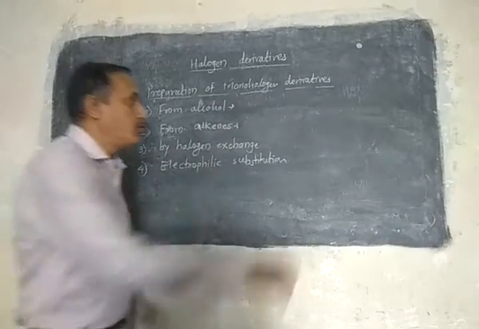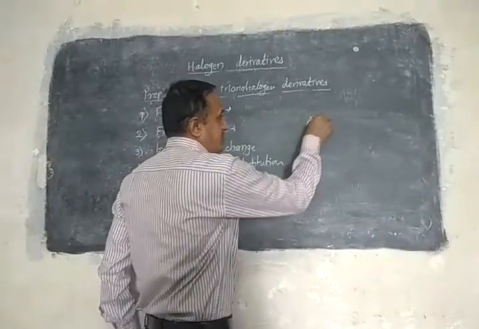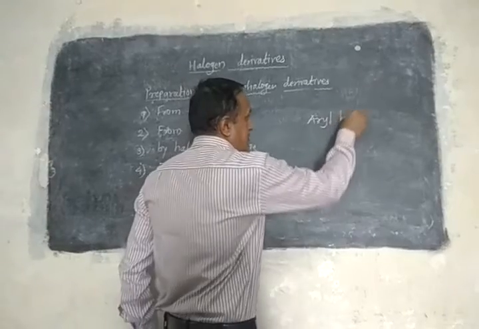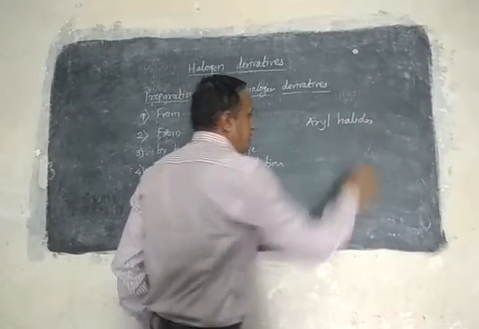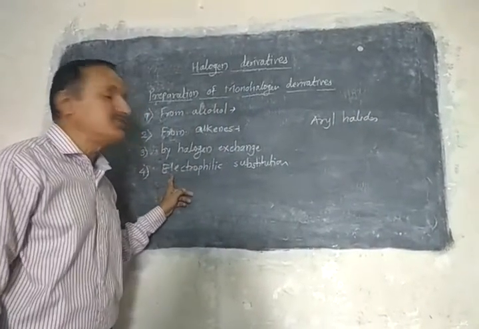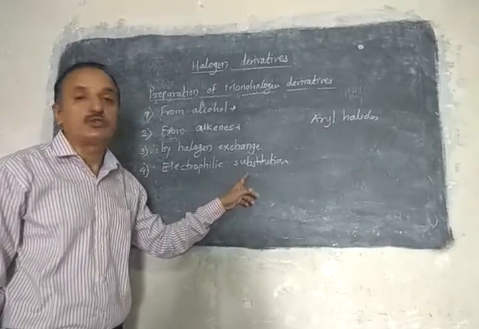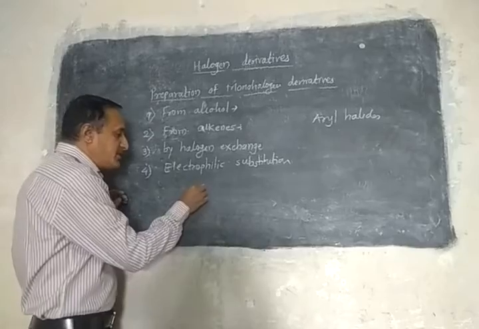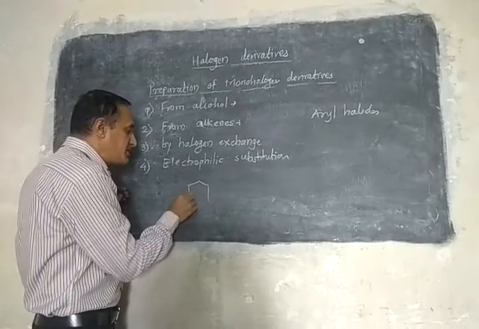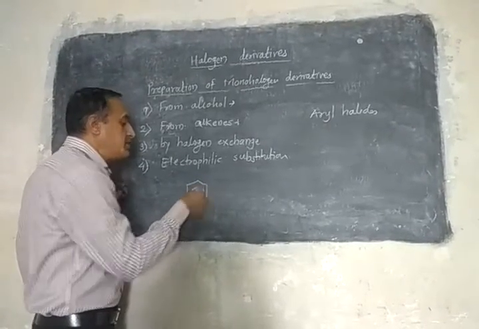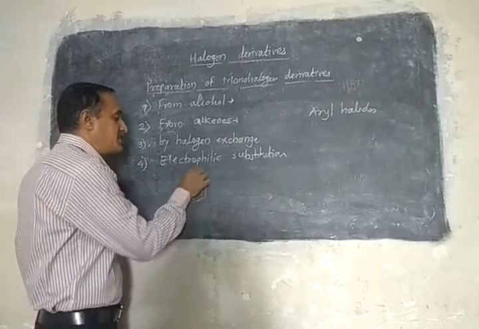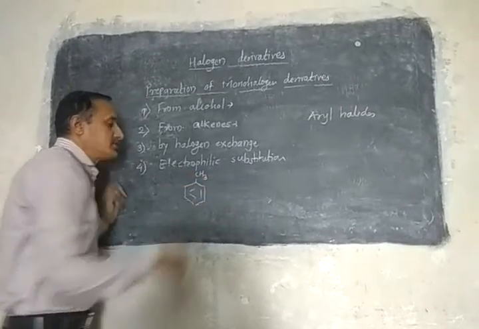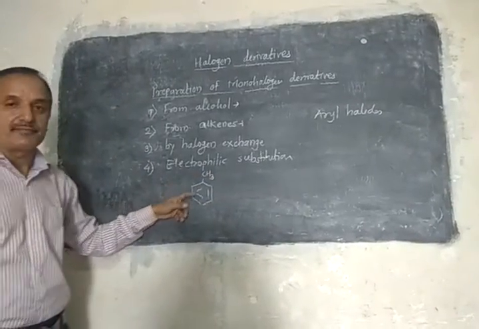Now suppose you want to prepare aryl halides, then we can perform an electrophilic substitution reaction. Here we can take benzene and its derivatives, like toluene, which is methyl benzene.